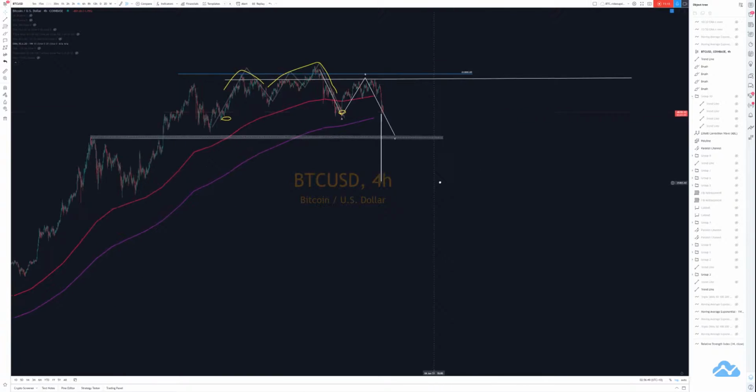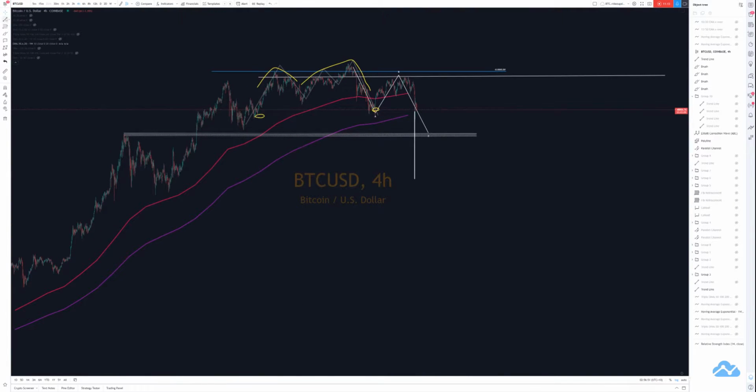So if we say this is the neckline for the head and shoulders, and that's at the left, yeah, it's pretty much that, isn't it? No, it can't be because it doesn't touch there. So it's got to be the smaller one. It's got to be this neck and head and shoulders there. Pretty much. So yeah, it's probably it.